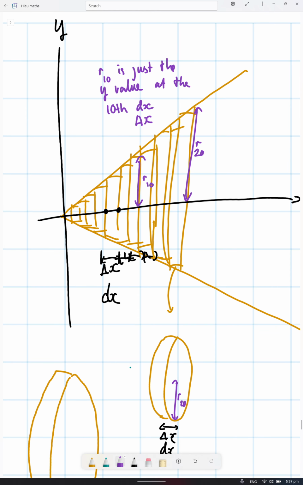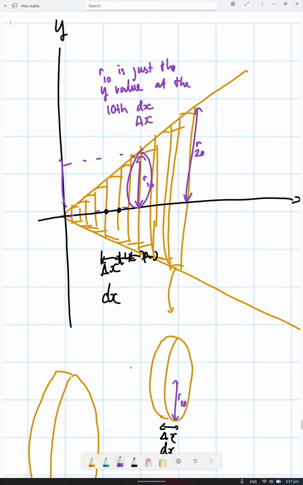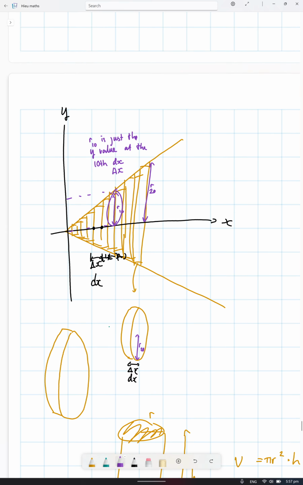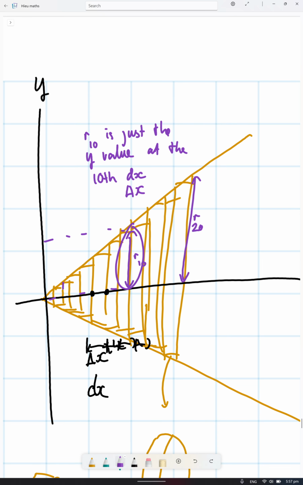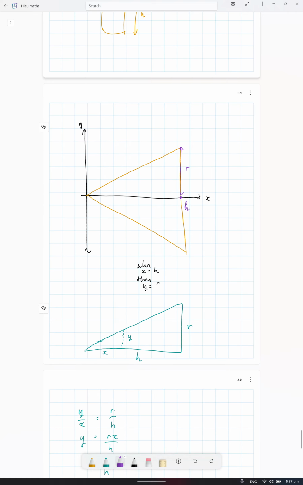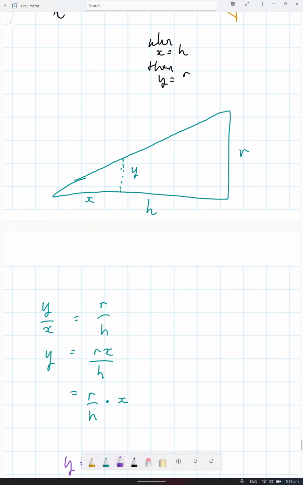The reason why is you can just trace it back here, and it's the correlation between this line and this thing, and you just go sideways. So technically, it doesn't even exist here. It exists on the graph. But apart from that, you don't need to think about that right now. We just find the general formula for the r of each of these different slices. As long as you have the x value, we can now find the radius of that slice, which is this equation.